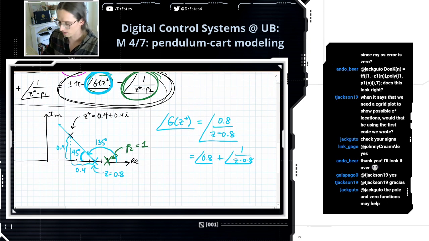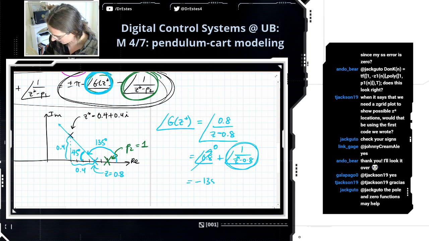The angle of a real number is 0. So I was getting the angle here of this. So this made 135 degrees, right? But because it's a pole, this should be minus 135 degrees. Whenever you're using this graphical method and you find the angle of a pole, it should be minus 135.